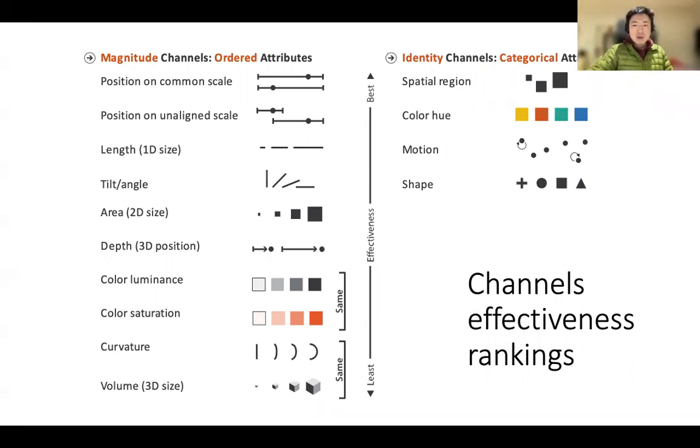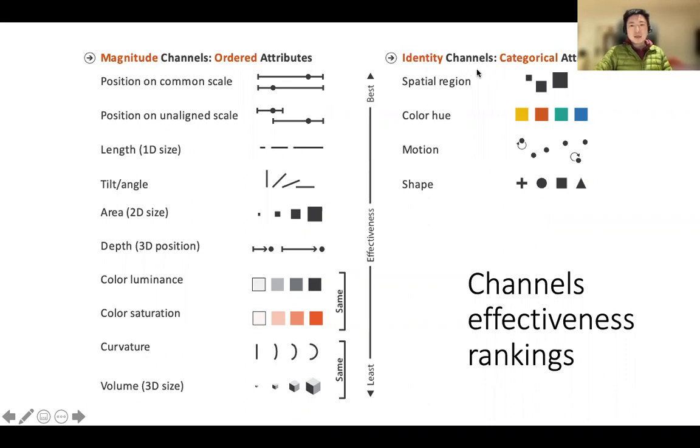Also, what is not so explicit here is that you potentially can use some other attributes to show categorical attributes as well. For example, you might use length to show categories. So you may say the short length is one category, medium length is the second, and the long length is the third.